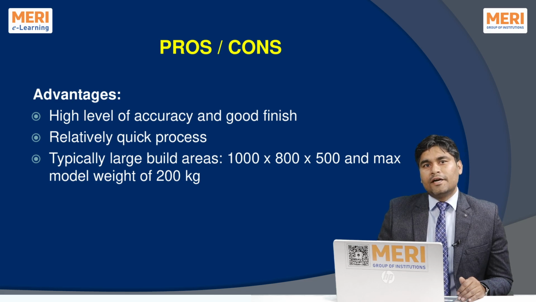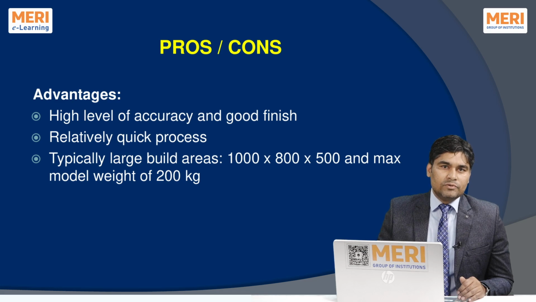Another important advantage is that these machines generally have large build areas, typically around 1000 by 800 by 500 mm, and they can produce parts with a maximum model weight of up to 200 kilograms, making them suitable for large scale applications.